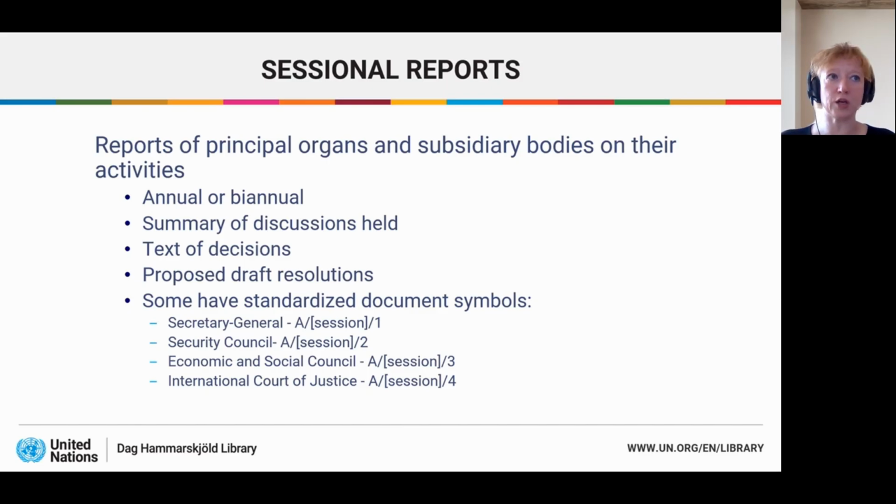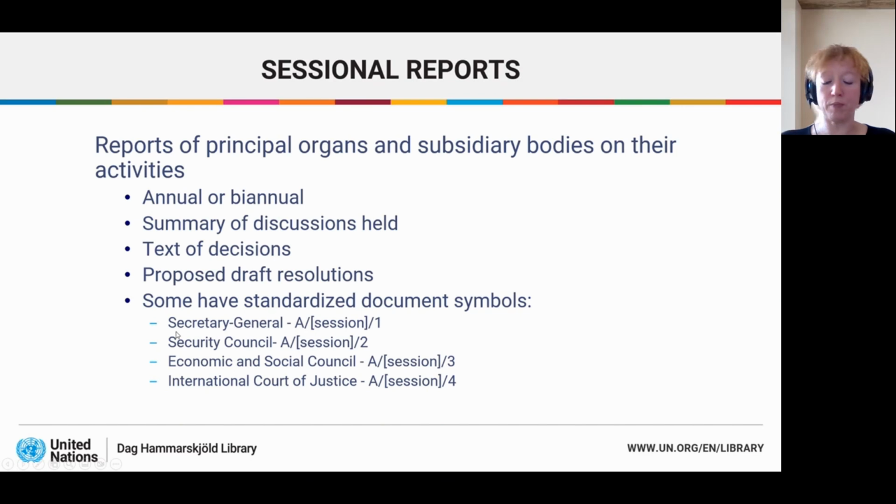So they will include summaries of discussions that were held. They will include decision texts, and we have seen they will include proposed draft resolutions. And again, some of them have standardized document symbols.